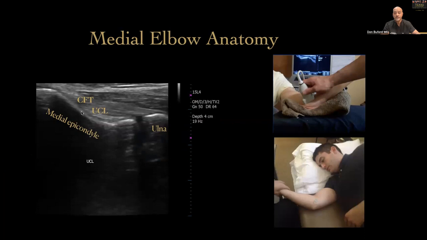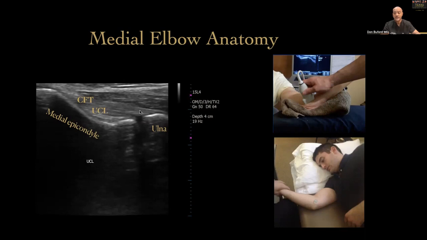When you get down to about the midpoint and down closer to the joint, if you rotate the transducer so that now you're aligned along the ulna instead of pointing at the base of the thumb, that's going to bring the ulnar collateral ligament into view. You typically will not see the common flexor tendon and the ulnar collateral ligament on the same screen. You have to pick which one you want to see.